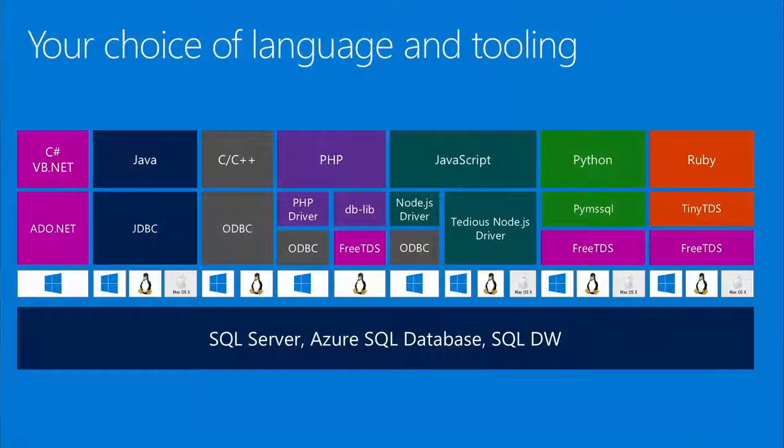Yeah, that's great. When it comes to JavaScript, again, we have an ODBC driver with a Node.js driver on top of that. On a Windows platform you could use that stack to write JavaScript against SQL Server. We also see a lot of use of Tedious, which is a full stack implementation in JavaScript, runs on Windows, Linux, as well as Mac.